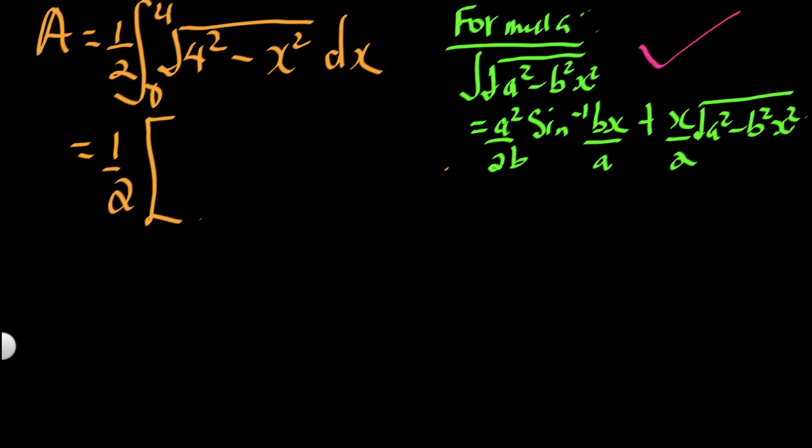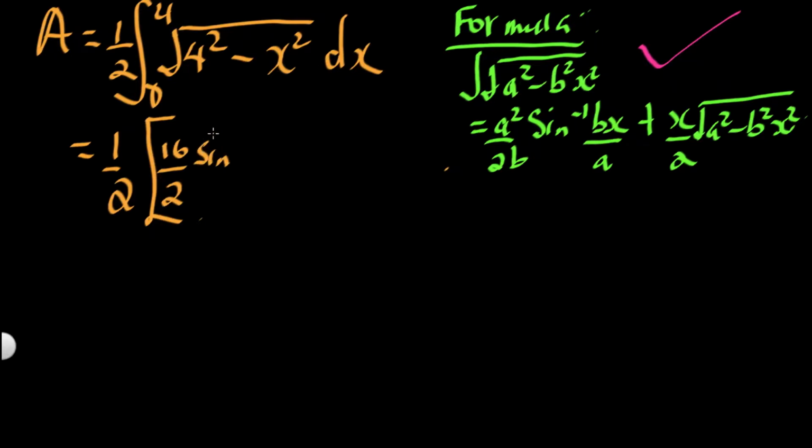So this means half at a squared, which is 4 squared, which is 16 by the way, so it's 16 over 2b, which is over 2 times 1, so it's over 2.